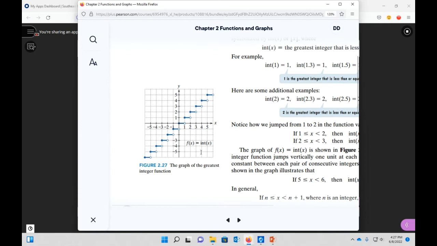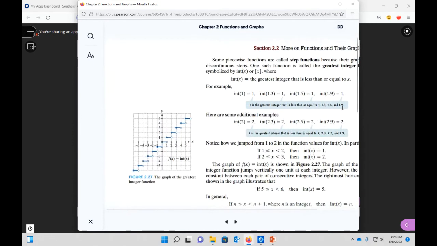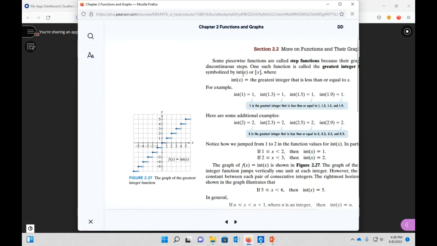Now let's, if I can, shift over to my pad for a minute, and I want to just do a couple of examples for this. One thing I want to point out to you before I do that is that the symbology they use here is int(x), or some sort of double bracket looking thing there.